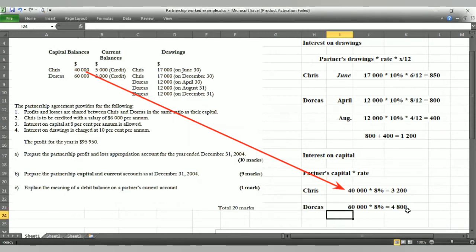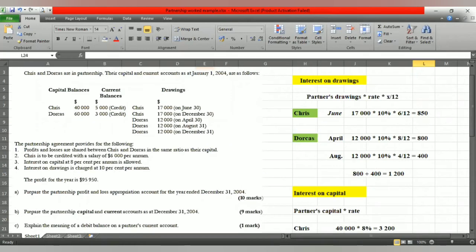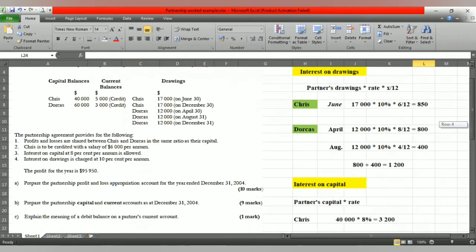So Dorcas is to get 4,800. How did we arrive at that? It is the 60,000 given in the question times the rate of 8%, and that gives us 4,800.